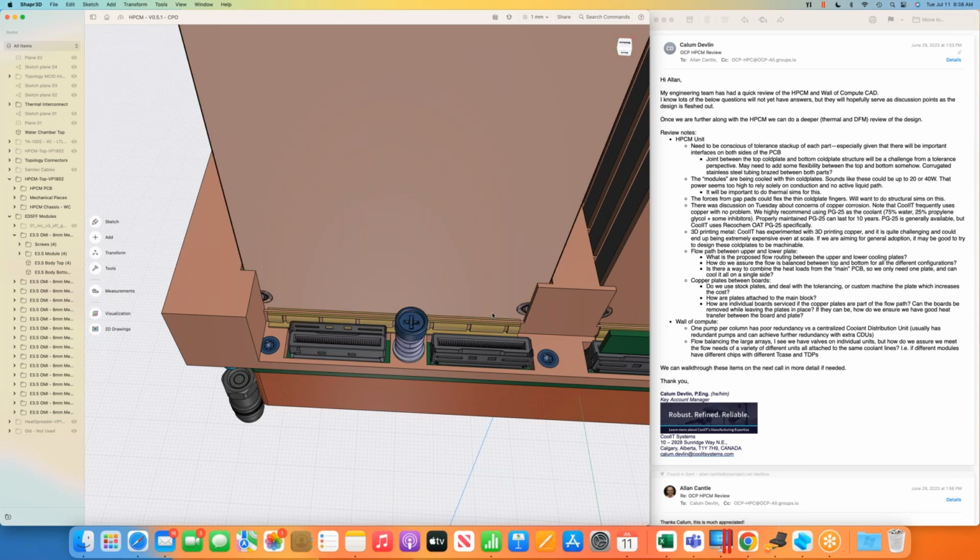The physical touch points are going to be fairly minimal to the copper plate, but behind this, hopefully the gap pad gets good connection from the connectors to the water flowing through this assembly. And so that's where the thermal modeling comes in. I have no feeling for it: it's 25 watts and 40 watts compared to 1,000 watts on the other side. So yeah, I'm hoping we can get away with it, but I don't know.